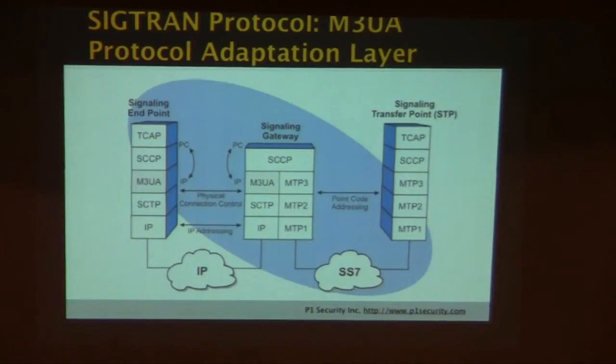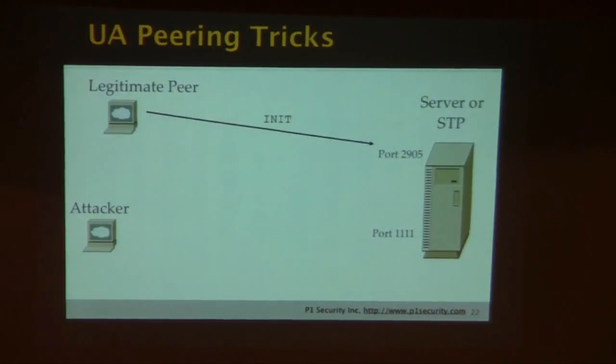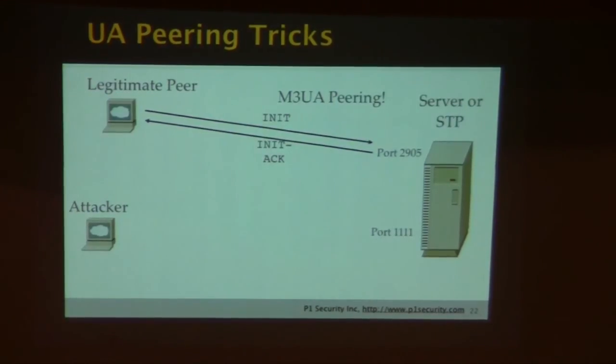So what you're going to do here is try to get a connection to port 2905, which is the M3UA encapsulation port. And if you're a legitimate peer, you're going to then have INIT ACK. It's a four-way handshake: INIT, INIT ACK, then COOKIE ECHO, and COOKIE ACK. And when you have COOKIE ACK, you're connected.